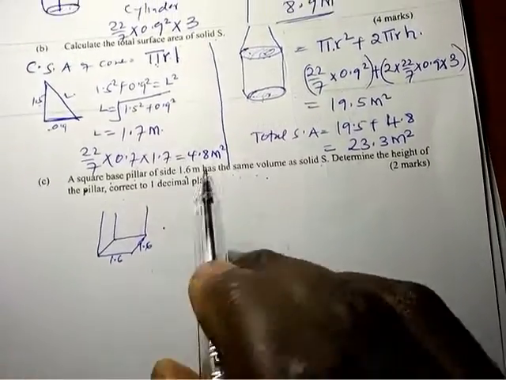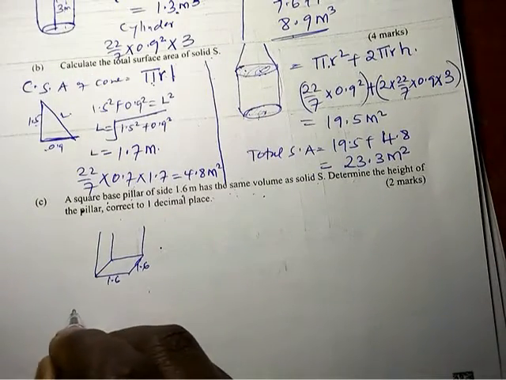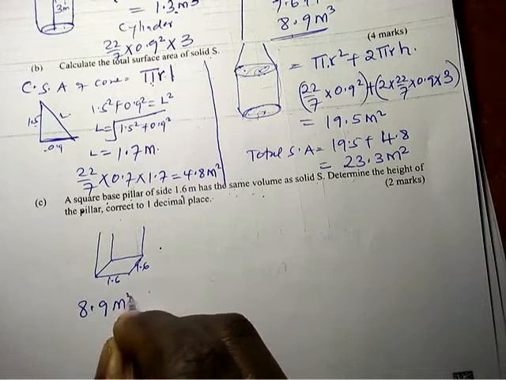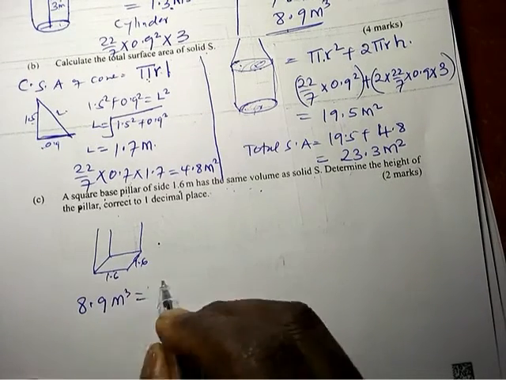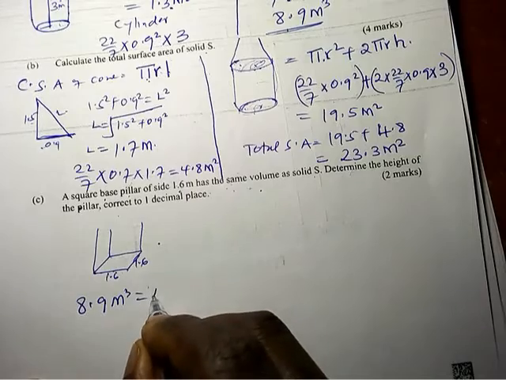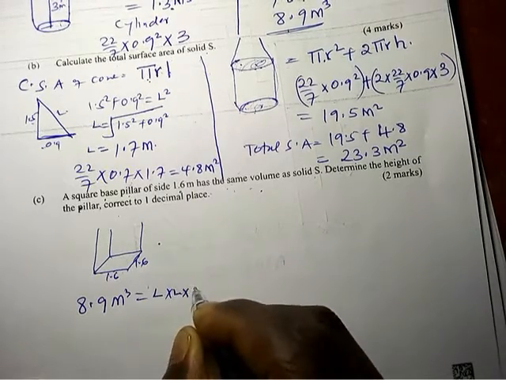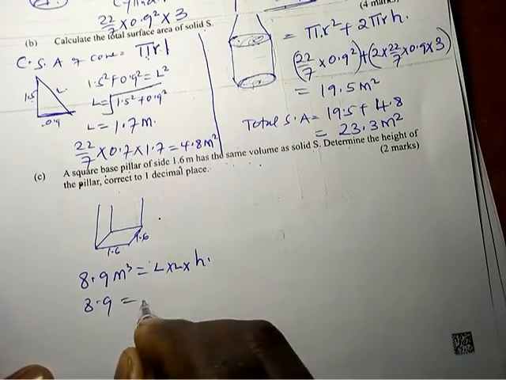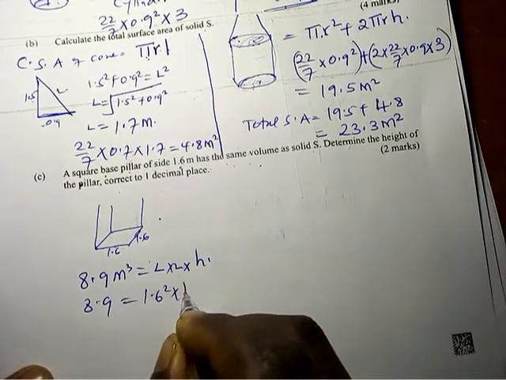So the volume required is 8.9 meters cube. It will be the same as this, which is length times length times height. 8.9 is equal to 1.6 square times h.